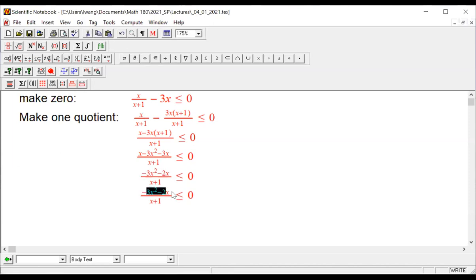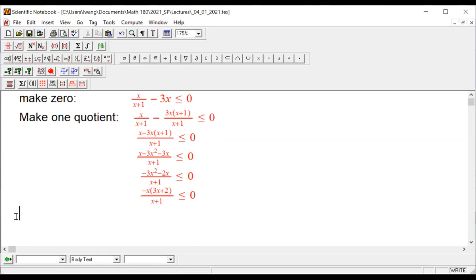And I'm going to factor out the negative sign. And this turns positive. And of course, I'm also factoring out the x. So 3x plus 2. And I'm going to multiply both sides by negative sign.